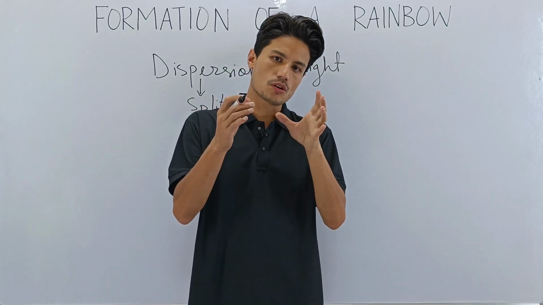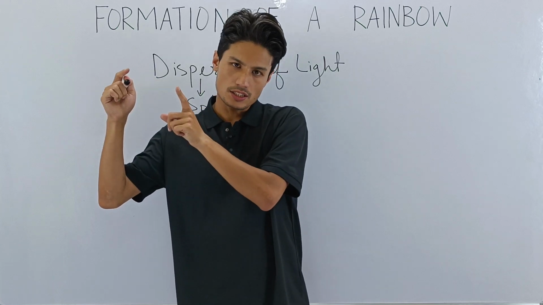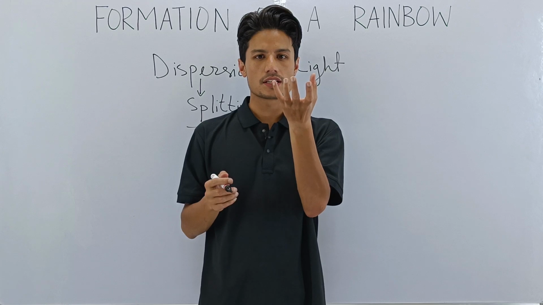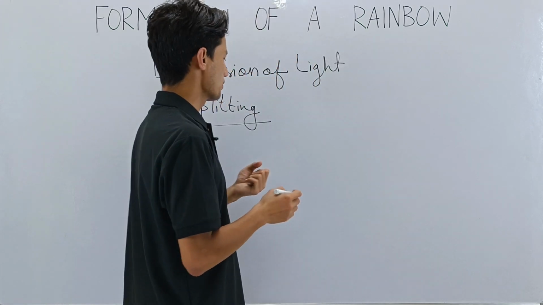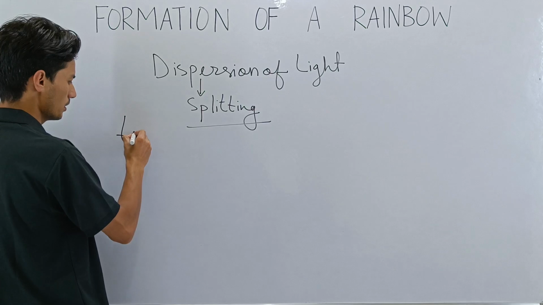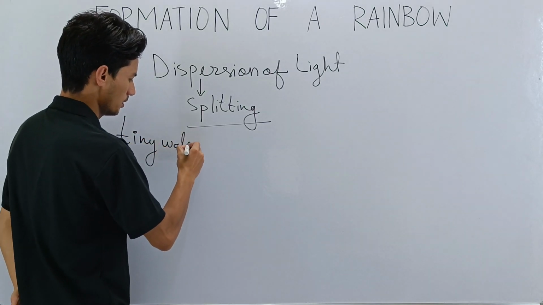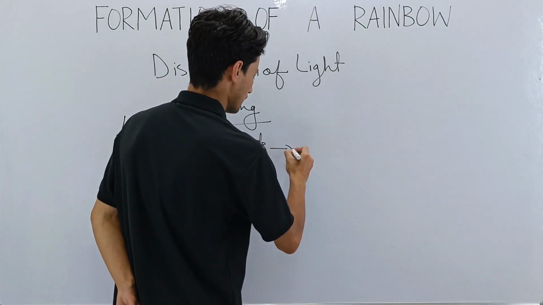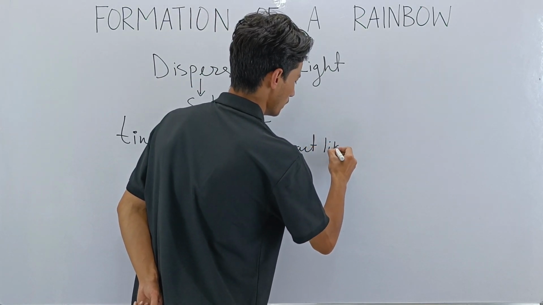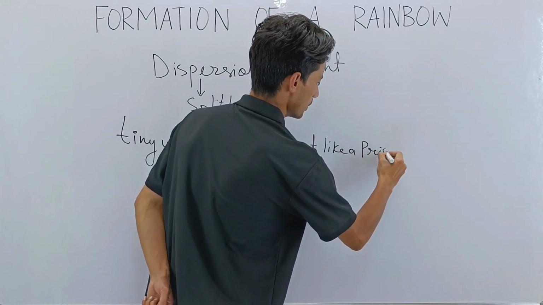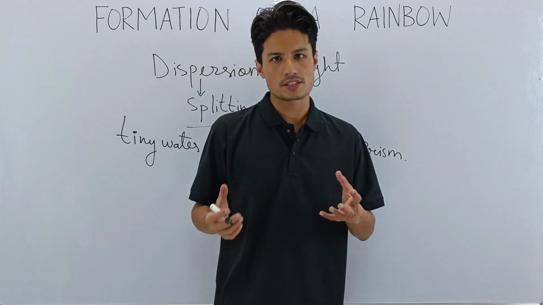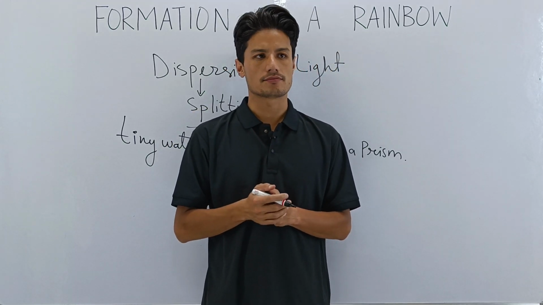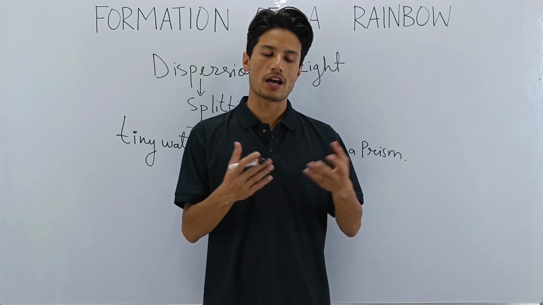Now, when sunlight shines on these tiny water droplets, they will act as a prism. So the tiny water droplets will act like a prism, and then they disperse the sunlight, and there you go, you have the rainbow.